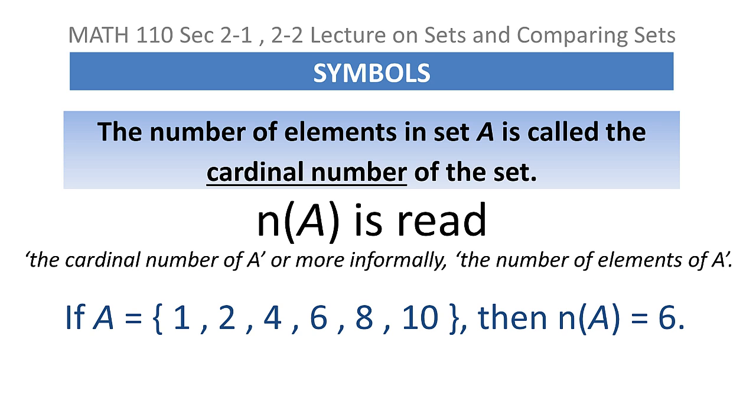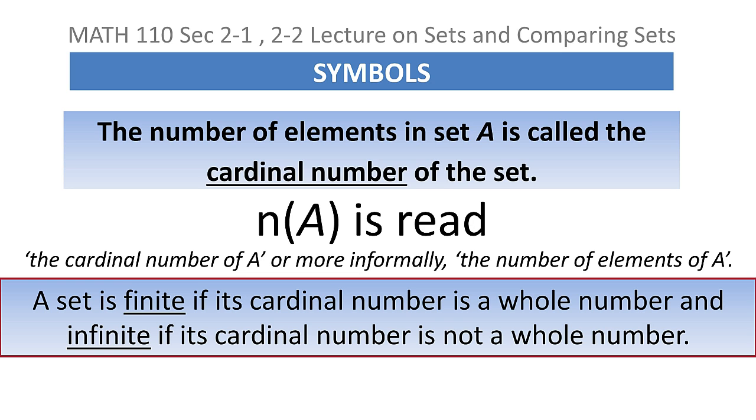And again, going back to some concrete examples, if I have the set A containing 1, 2, 4, 6, 8, 10, then I can count 1, 2, 3, 4, 5, 6. The number of elements in set A is 6. Now, a set does not have to be finite. A finite set is a set whose cardinal number is a whole number.